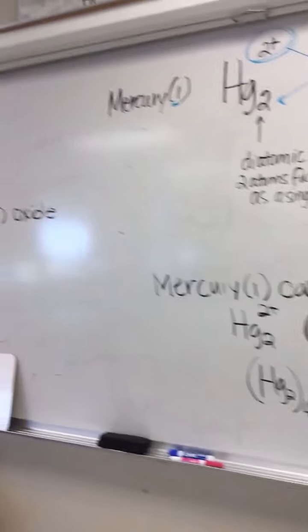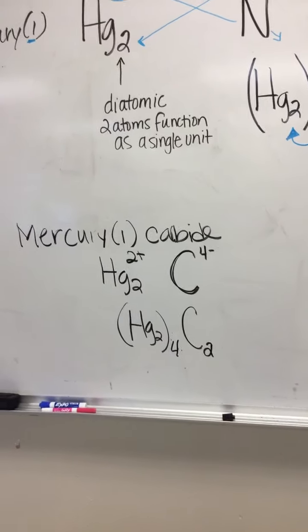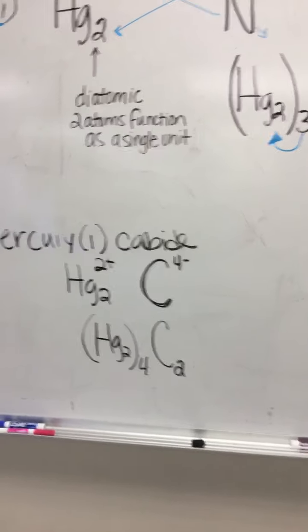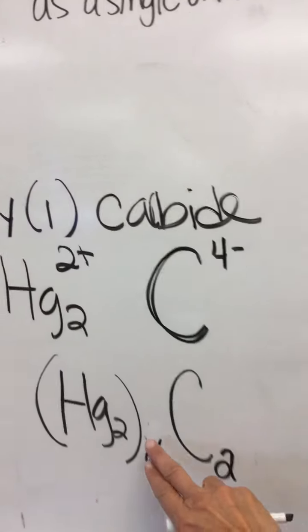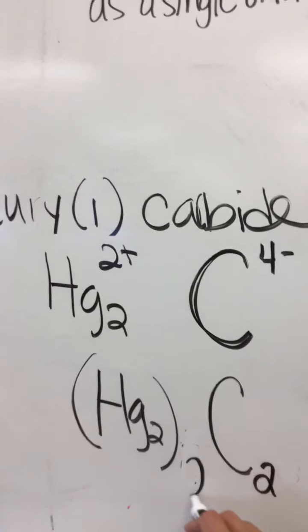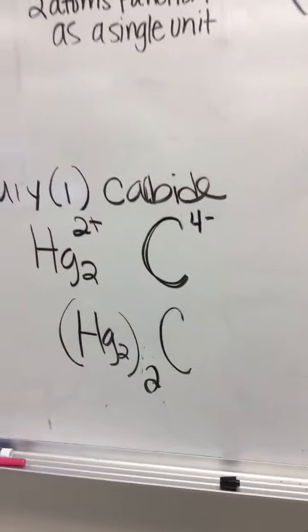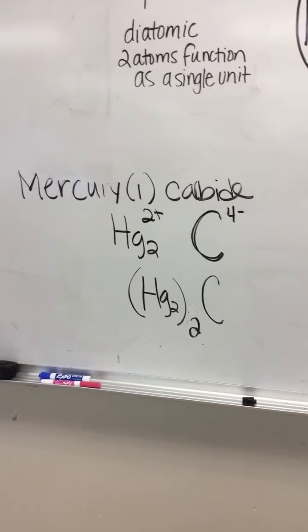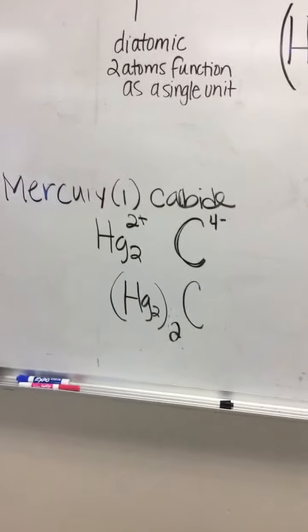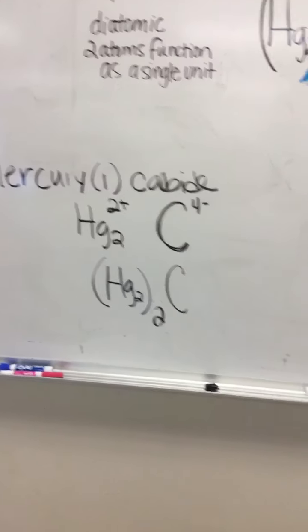But we're going to still follow our rules that say reduce to the lowest whole number ratio. So in this case where I have a 4 to a 2, I'm going to divide each one of these by 2. My 4 becomes a 2, my 2 becomes a 1. And my final formula for mercury 1 carbide would read Hg2 in parentheses, 2, and the C.